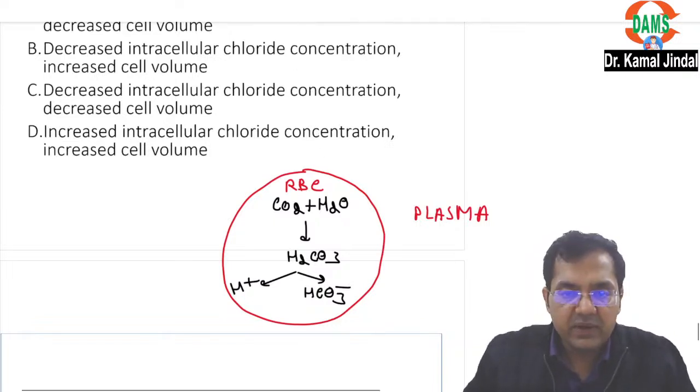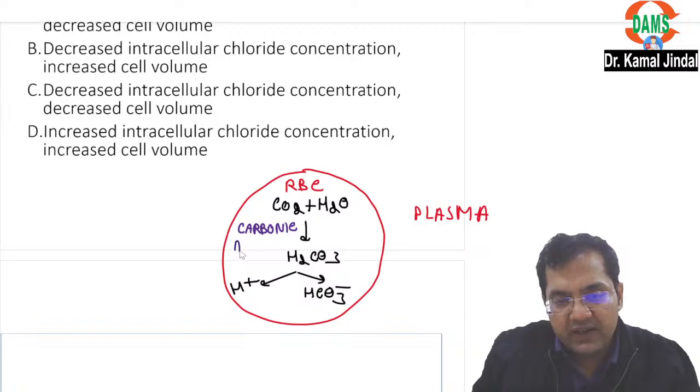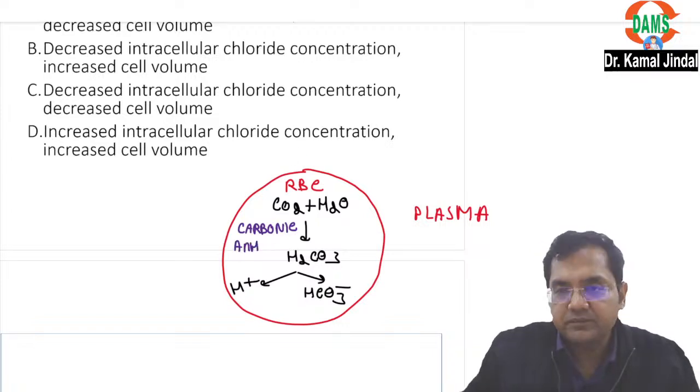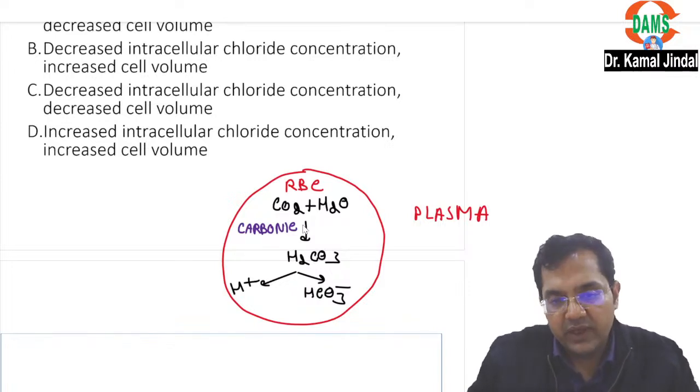Interestingly, remember, this reaction is able to occur because RBCs are rich in the enzyme known as carbonic anhydrase.